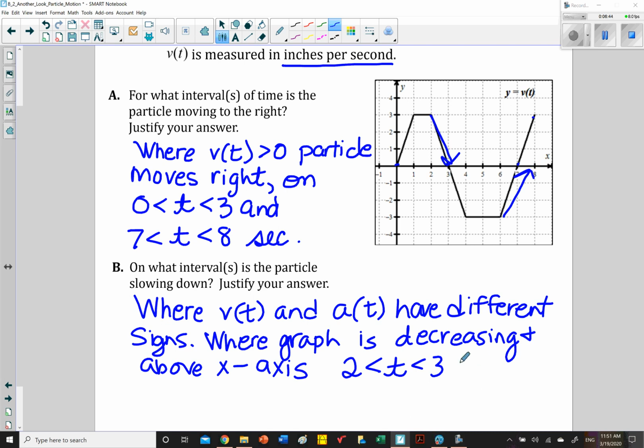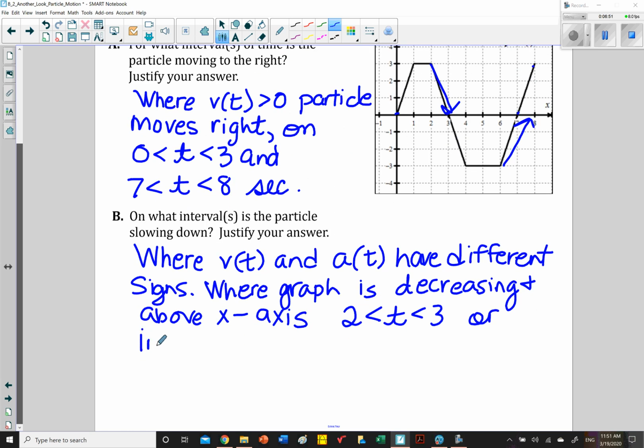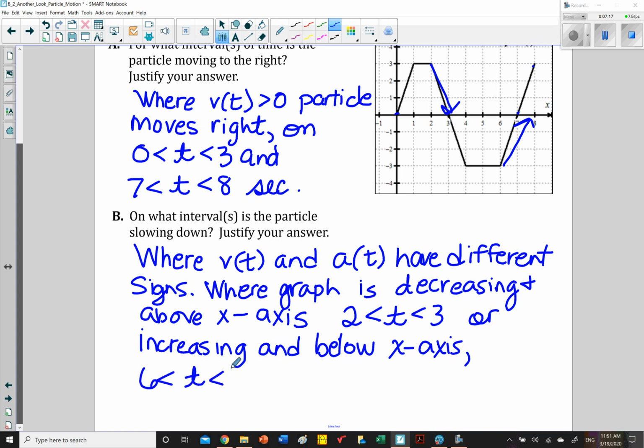So that would be on 6 to 7. I said below and I started to write above. Increasing and below the x-axis. So that would be on 6 to 7 seconds.